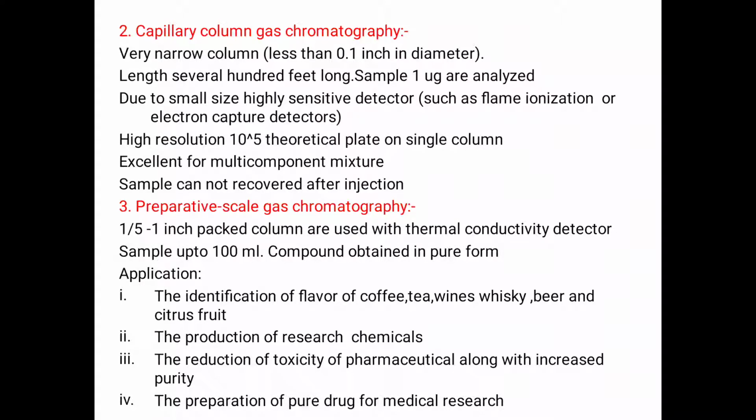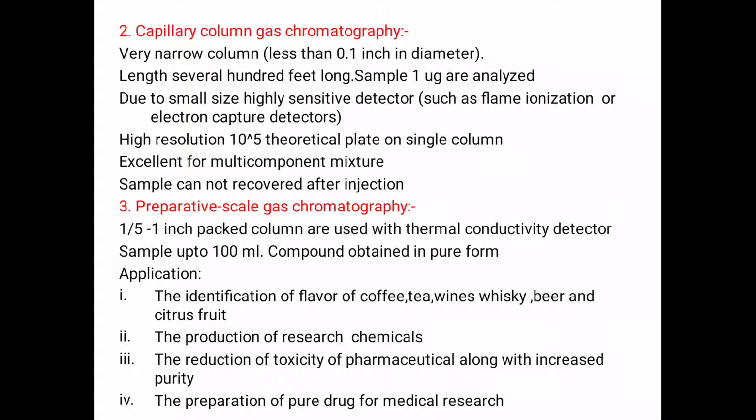A sample of 1 microgram is generally analyzed by this method. The columns are not packed with a support coated with a substrate. Instead, a liquid substrate coats the inside walls of the column.